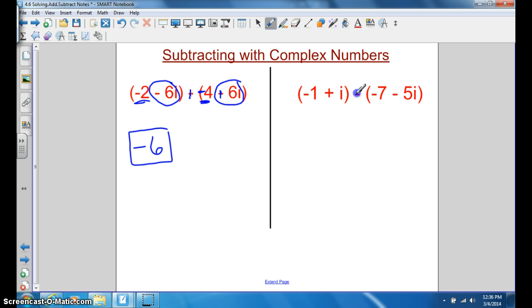Once again, over here, change this minus to a plus and change all of our signs in our second parenthesis. So now we have a negative 1 plus 7, which is 6, and an i plus 5i, which is 6i.